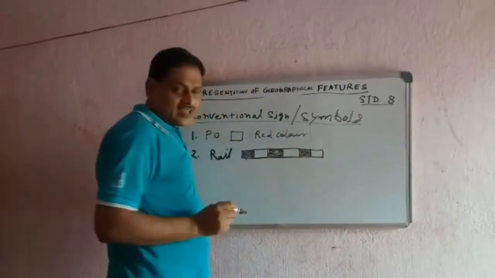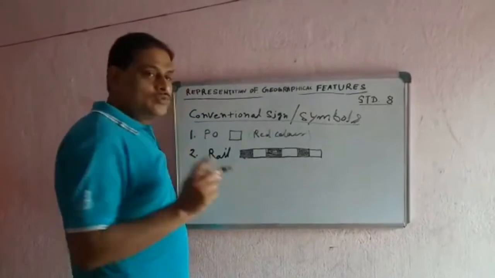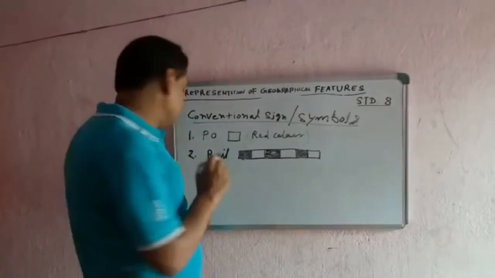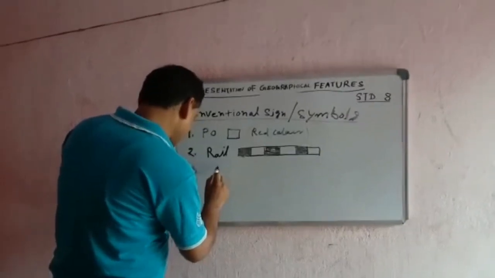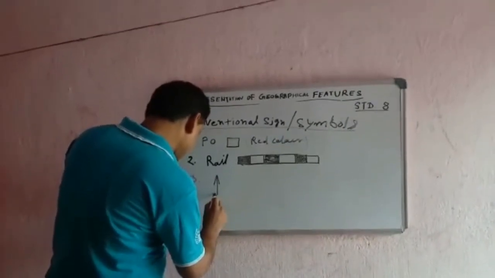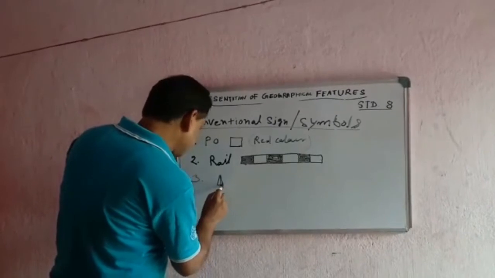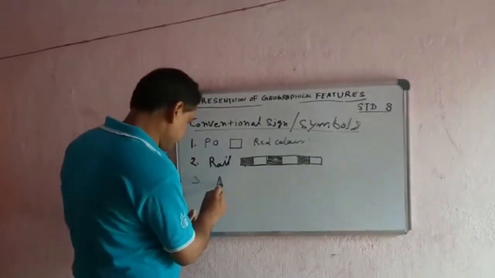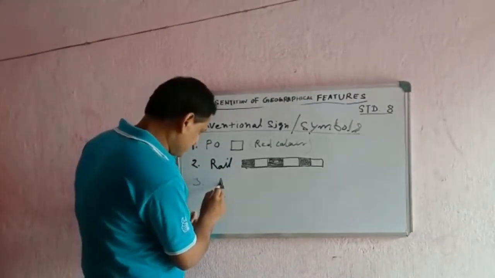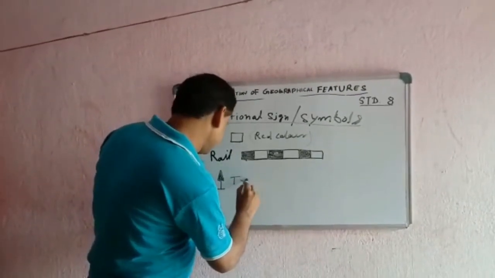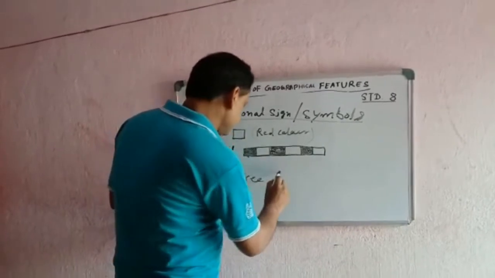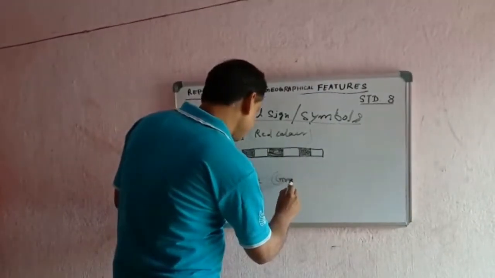Suppose you have to show a tree. You have to show the tree in the form of a symbol. You can see it like this, but you have to use green color. This is a tree, it should be green color.